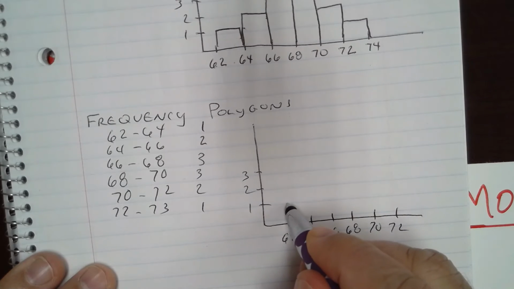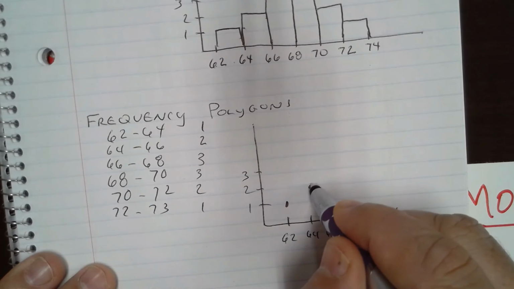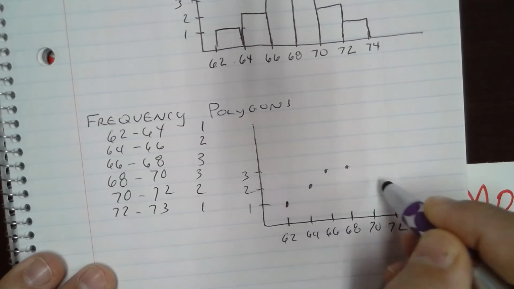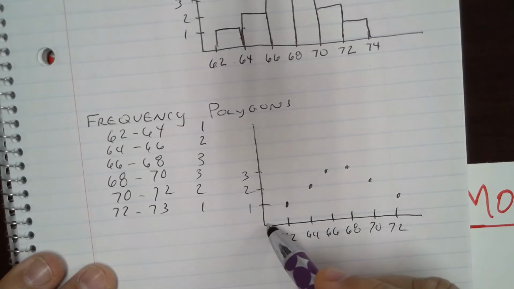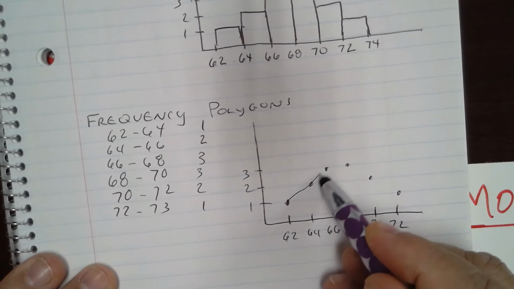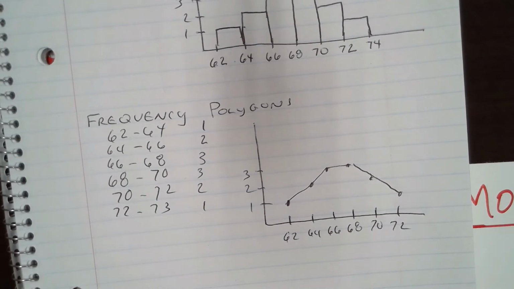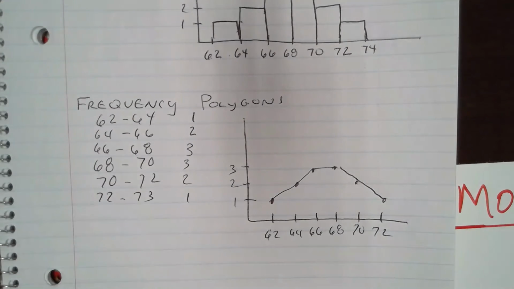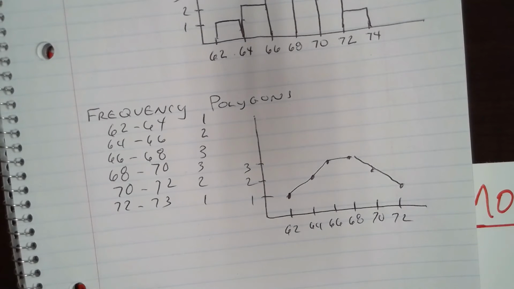And so I go 1 up to 2, then 3, then 3, then 2, then 1, right? And so here's my frequency polygon. It looks like this. Okay? Looks like I just drew lines over my histogram, right? Pretty much what it is. Okay? It's just a different way to look at it.